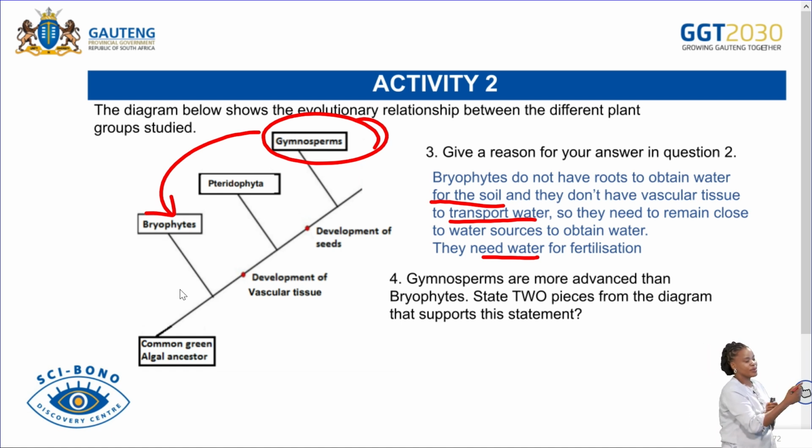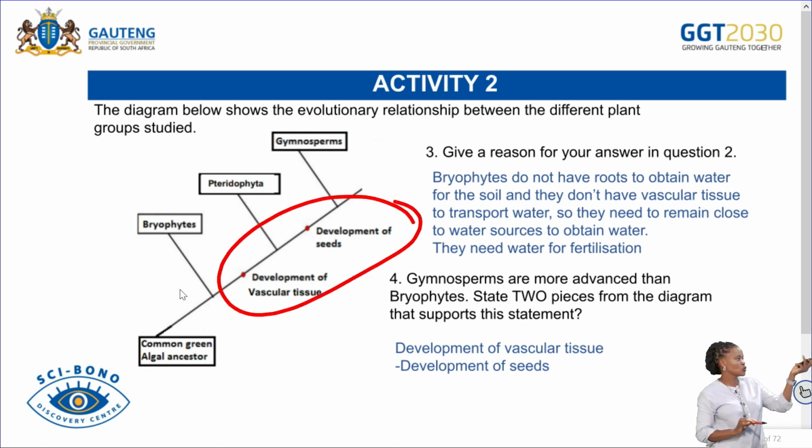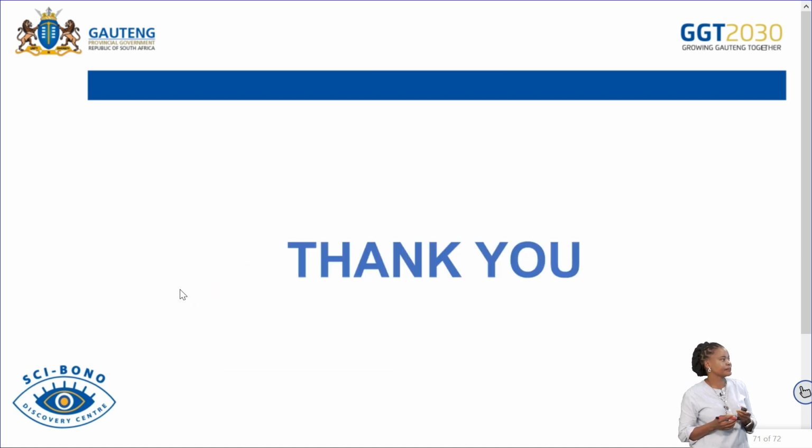Number one, the gymnosperms have vascular tissues, and they also develop seeds. That's why they are more advanced than the bryophytes. You don't even have to think of the answer because they said from the diagram. So this is what we got from the diagram, grade 11s.